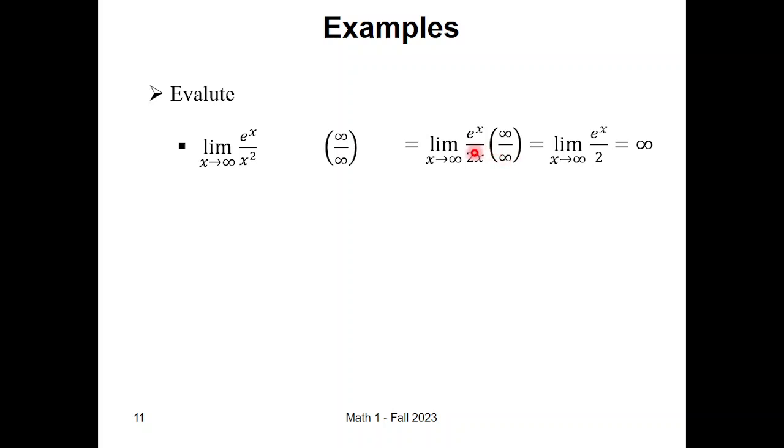Take care, you have to make some simplification if possible. Actually, in this case, we don't have some simplification. So we apply L'Hopital rule directly again. Differentiate both sides. Now, if you study the behavior as x approaches infinity, you find this is infinity and this is a constant. So the result is infinity.